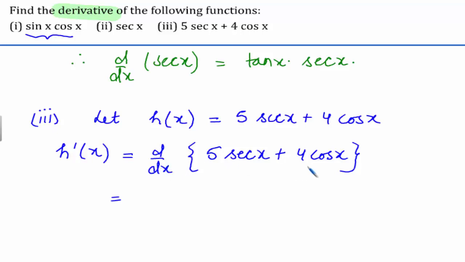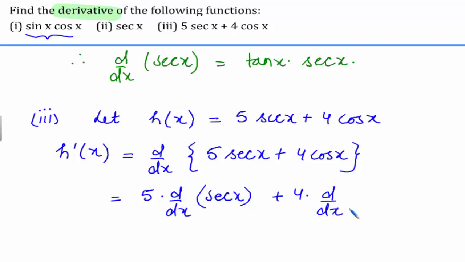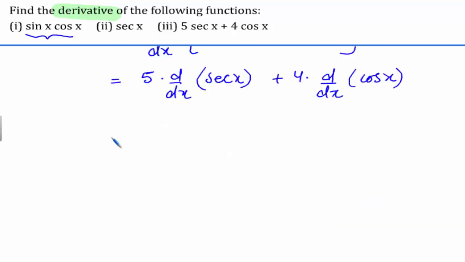Now in the second part we have found out that derivative of sec x with respect to x is sec x into tan x, plus 4 times derivative of cos x, which is minus sin x. So this is equal to 5 sec x into tan x minus 4 sin x.